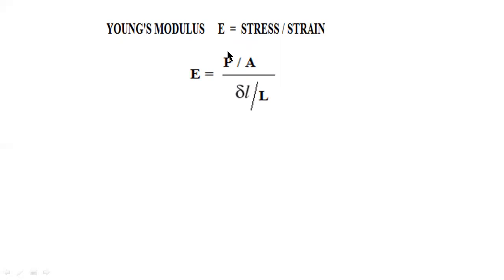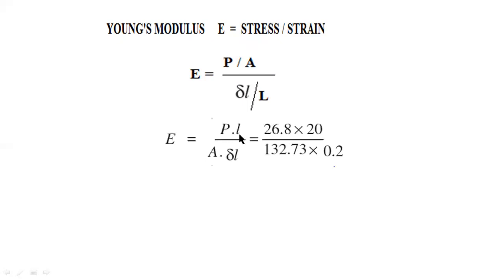By using these values, you have to find the value of capital E. So substitute the value of load P and area. Here 26.8 is the load acting on the bar, and L is the original length, that is 200, divided by capital A equal to 132.73, and change in length equal to 0.2.